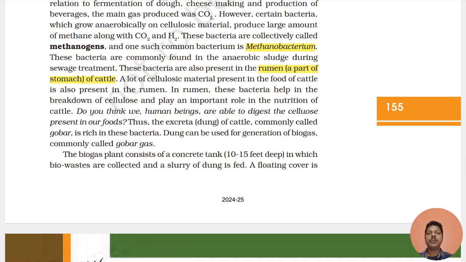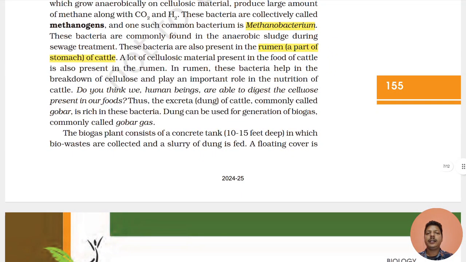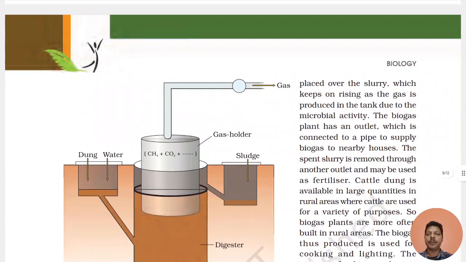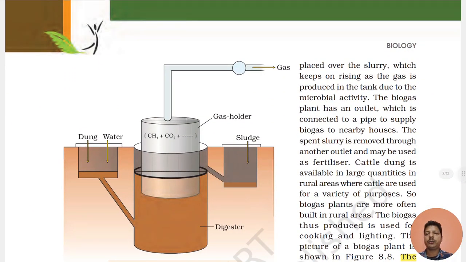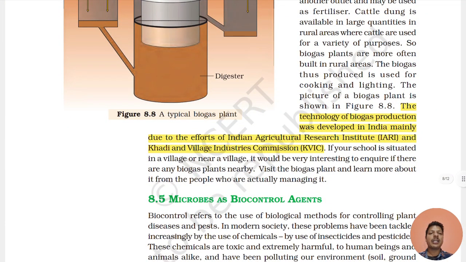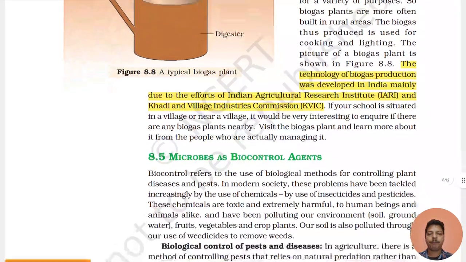They break down cellulose, and this is the diagram you can see. Dung and water go to this, then gases are produced to the gas holder, gas comes out and the sludge comes out. The technology of biogas production was developed by IARI, the Indian Agricultural Research Institute, and KVIC, Khadi and Village Industries Commission.